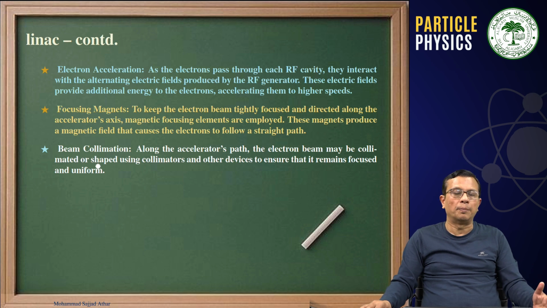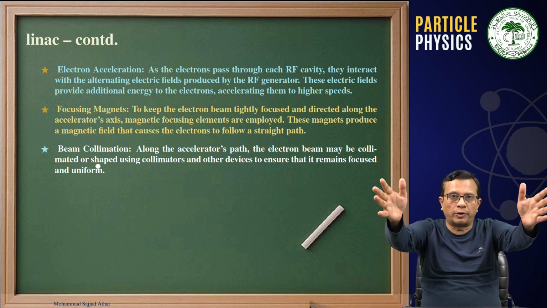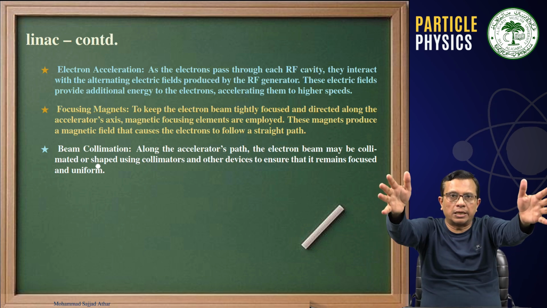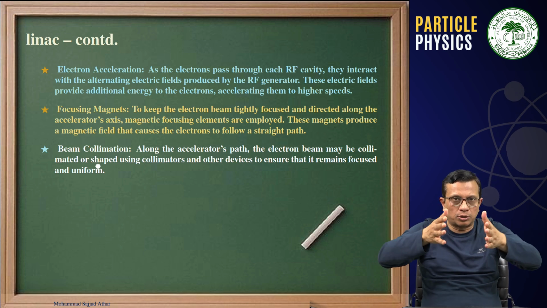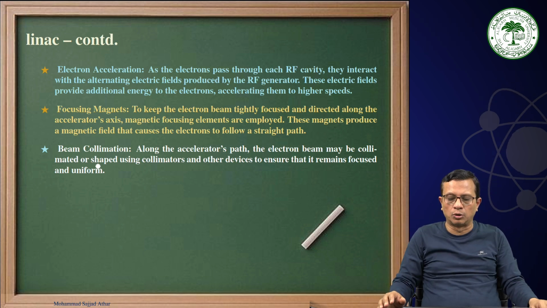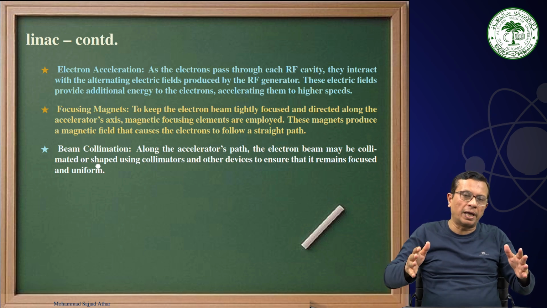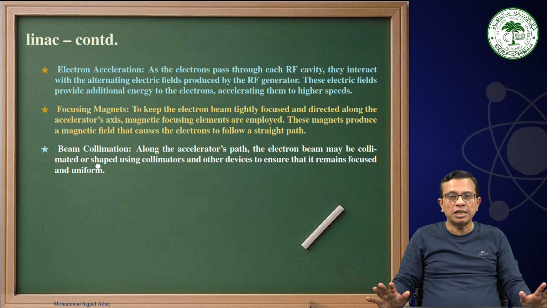Then you use magnets to not allow the electrons to move out. As you can see, if you switch on a torch, then the light spreads. Okay, to focus those electrons, you again apply the magnetic field here also, and you apply this to force the electrons to follow the straight path.